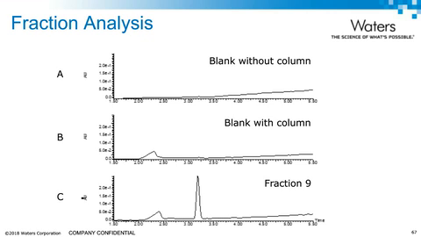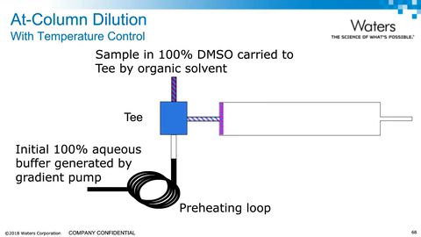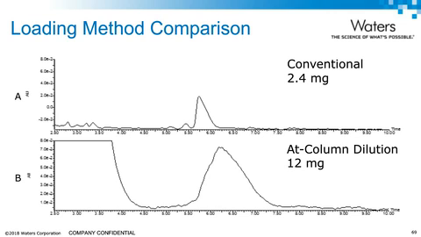I did an at-column dilution injection with temperature control. And see here, if we compare how much I was able to load on the conventional injection with at-column dilution, I was able to increase the amount of material by about 5 times.